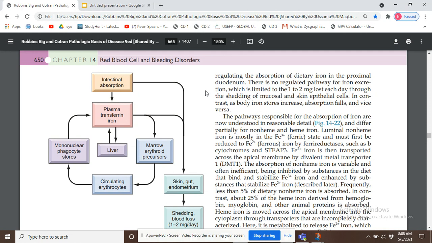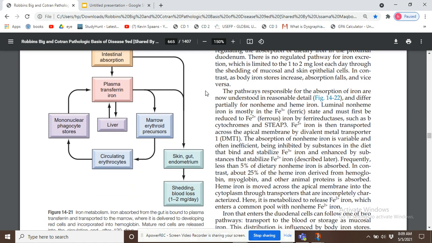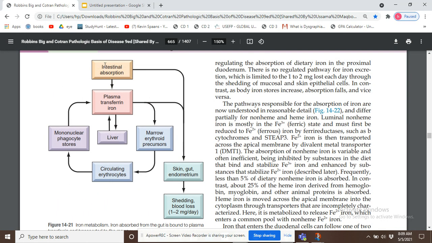If there is less iron in our body, then there will be a large amount of absorption of iron.